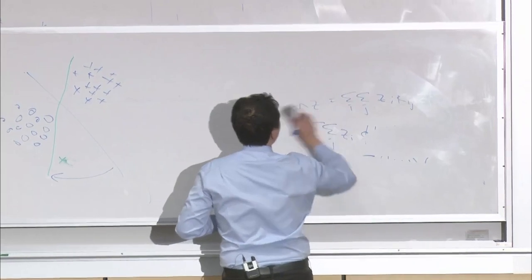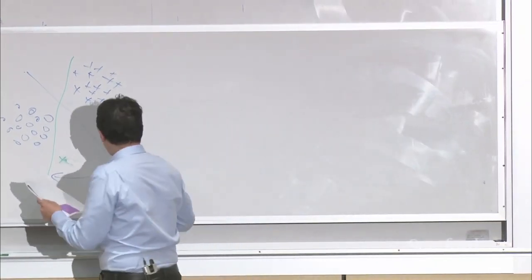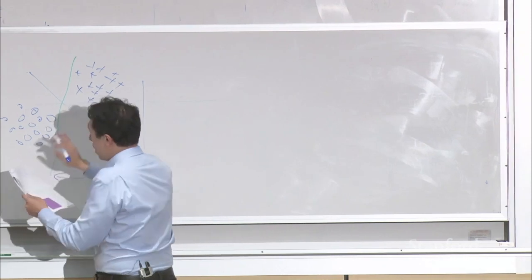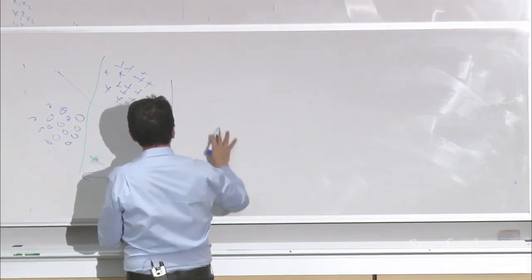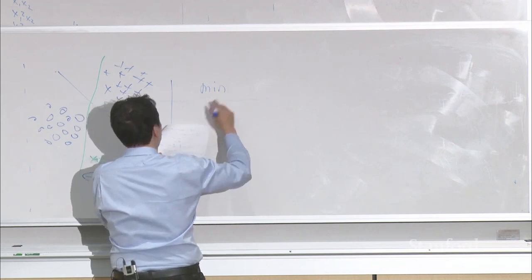Okay. And then if you go through the representer theorem derivation, represent W as a function of the alphas and so on, it turns out that the problem then simplifies to the following.